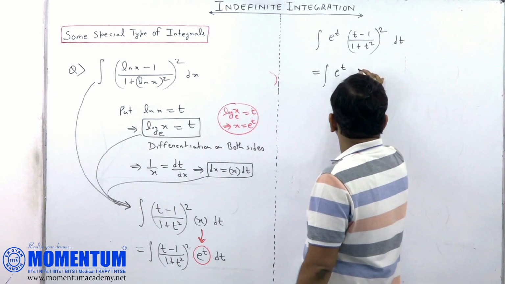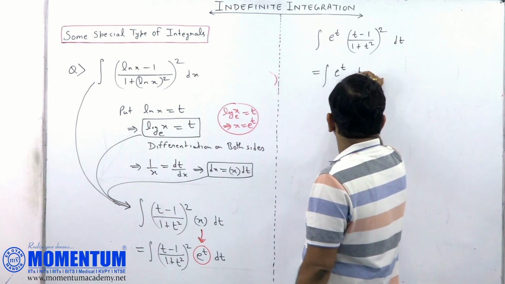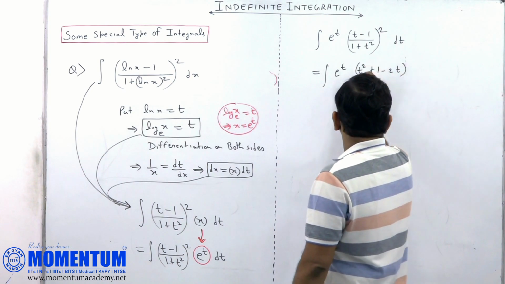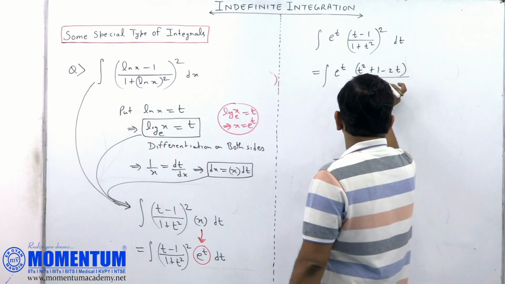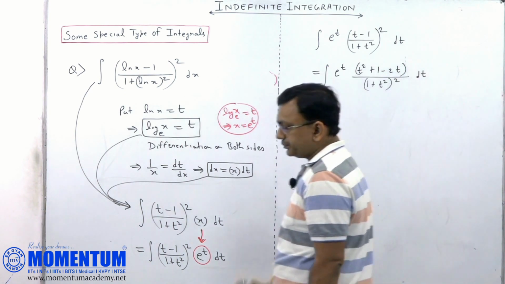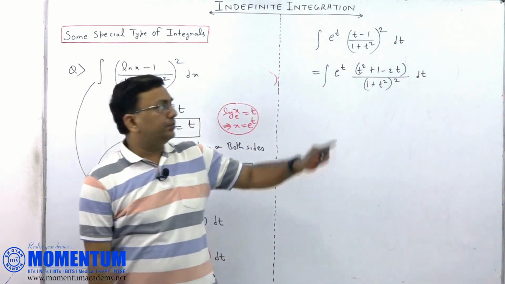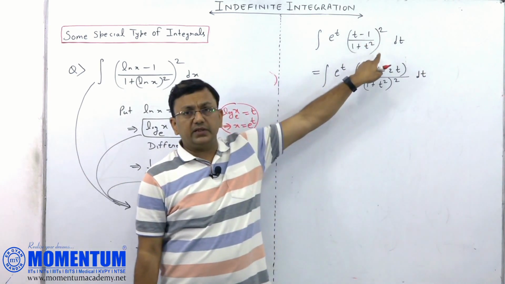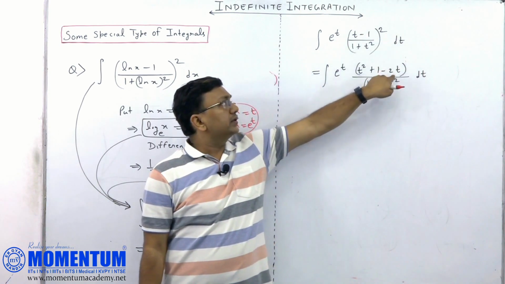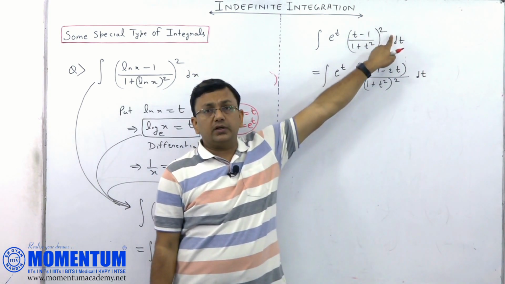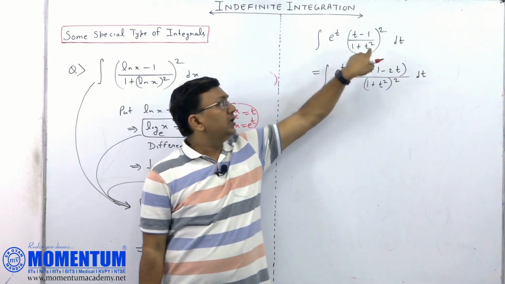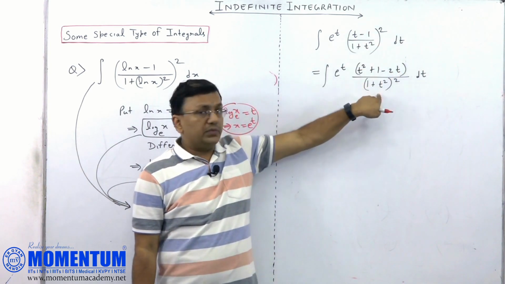But if we do some manipulation, for example, in the numerator I have opened the square, but in the denominator I am not opening the square. We have power 2 in the numerator as well as in the denominator. So I have opened power 2 in the numerator using the formula a minus b whole square, but in the denominator I have not done anything.